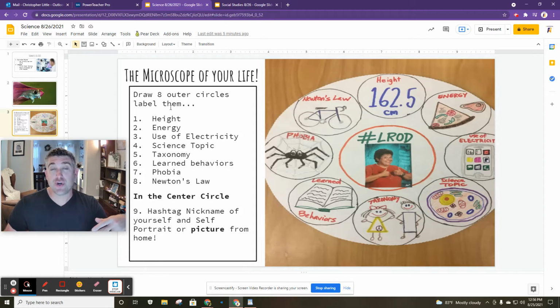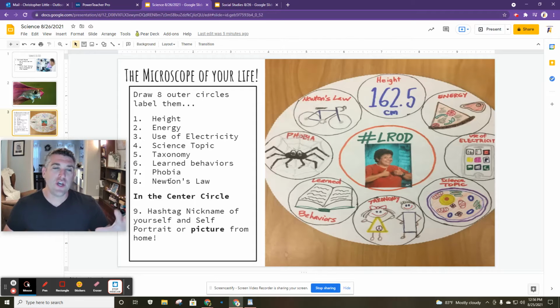So the first thing you're going to draw is 9 circles. 8 of them are going to be around the outside of your pie pan that Miss K is going to provide you, and then a 9th one in the middle. You're going to label the outside 8 of these, 1 being height, 2 energy, 3 use of electricity, 4 science topic, 5 taxonomy, 6 learned behaviors, 7 phobia, and 8 Newton's laws.